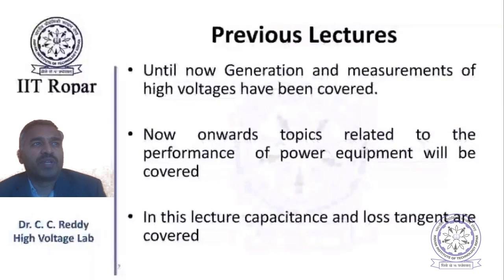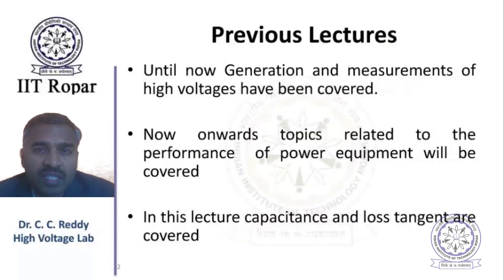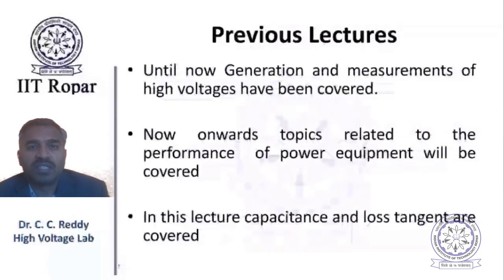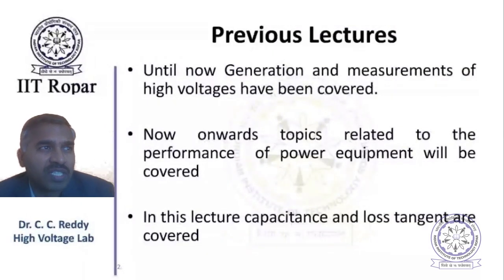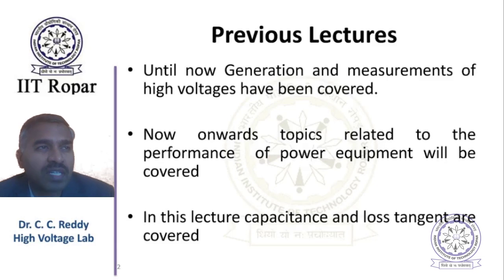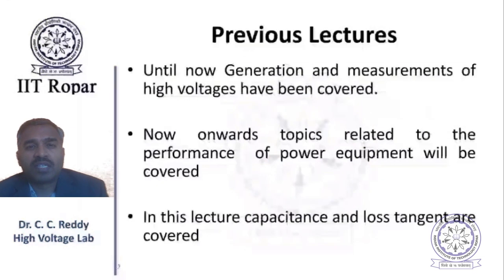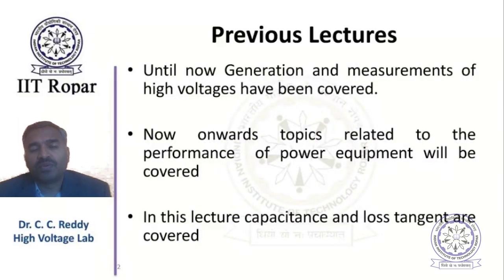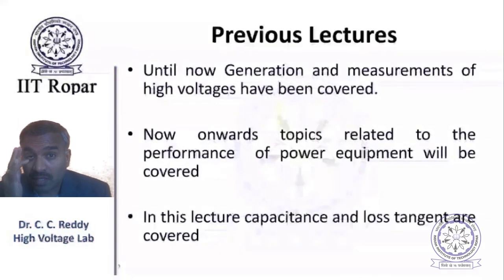So when power equipment is tested, the live conductor is connected to one terminal and the core is connected to the other terminal. So we will be testing the condition of the insulation by connecting it like a capacitor. It acts like a capacitor when we are testing the power equipment.